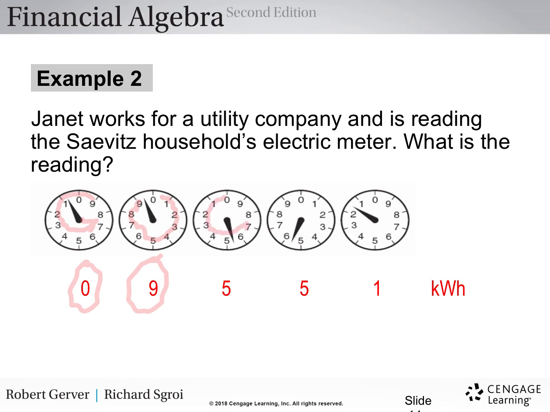It's between 5 and 6, so therefore this reading is 5. The next one goes clockwise. It's again between 5 and 6, so this also goes 5. And lastly, this one goes counterclockwise. It's between 1 and 2, so we read 1. So it's 0.9551 kilowatt hours.